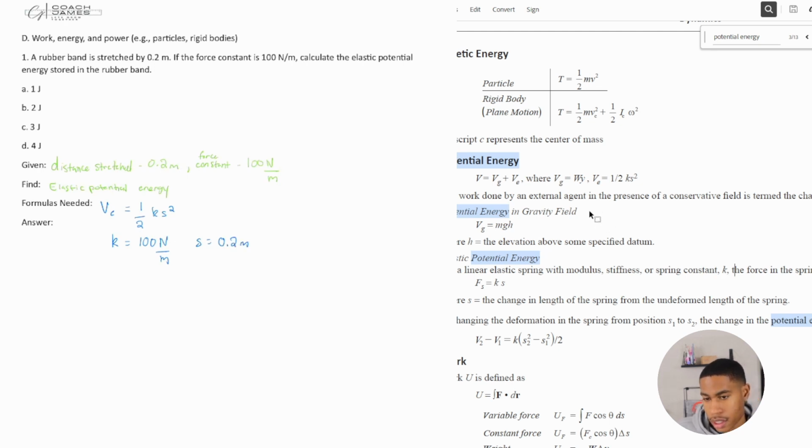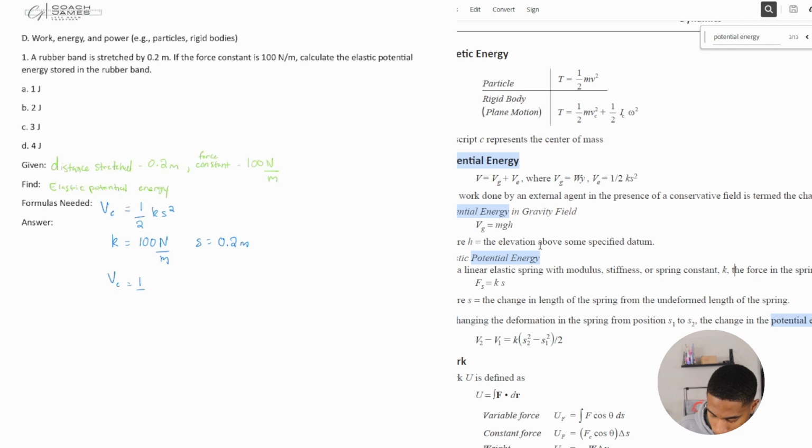Your potential energy is a little different for a rubber band versus a spring, but similar concepts. k is your force constant, and s is going to be the distance that it is stretched.